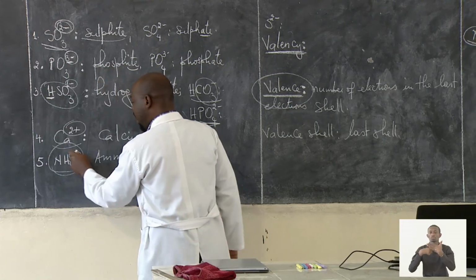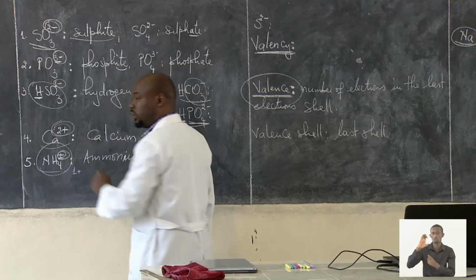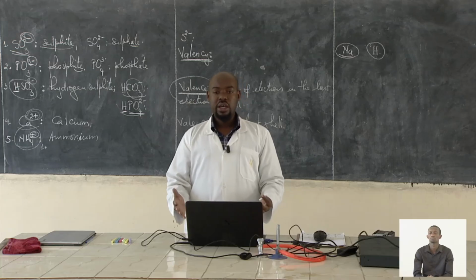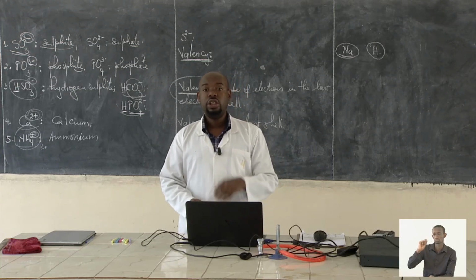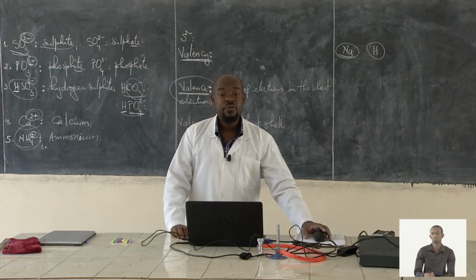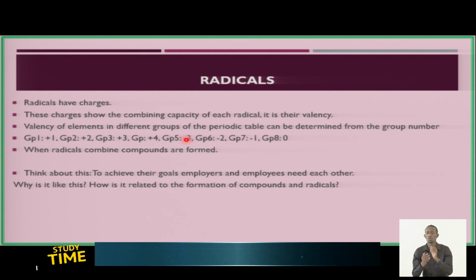For ammonium ion, it is 1 positive. For calcium, it is 2 plus. So the charges on the ions or the radicals show the valencies of those radicals. And for elements in the periodic table, we can determine the valencies simply by looking at the group number.